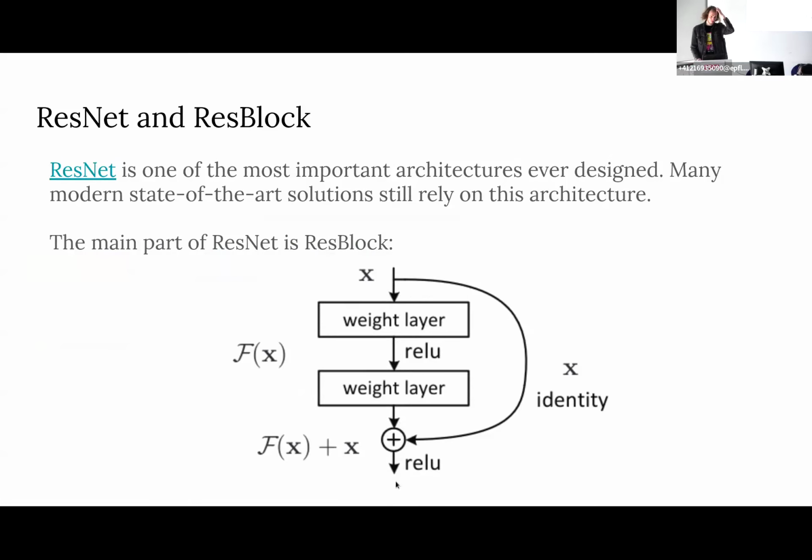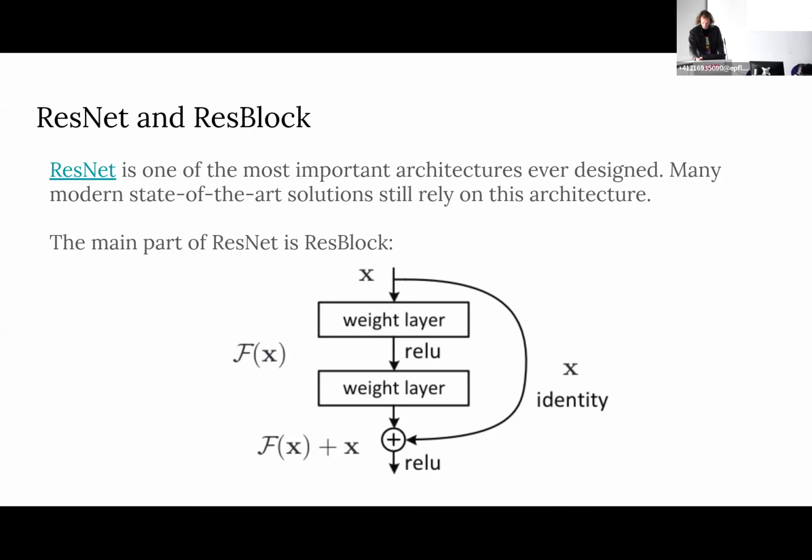So why is ResNet so important? Because it was proposed in 2015, but people still use it or its variants today in many applications, and it still may be the state of the art for this type of applications.